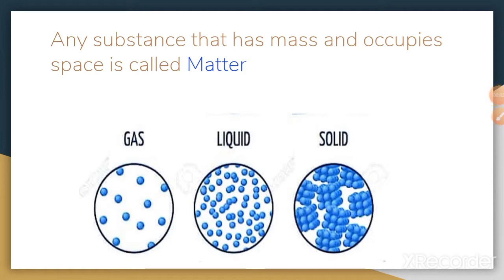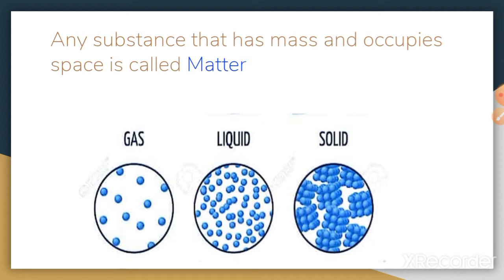Matter is made up of very tiny particles, and these particles are so small that we cannot see them with the naked eye. It has been observed that matter exists in nature in different forms.